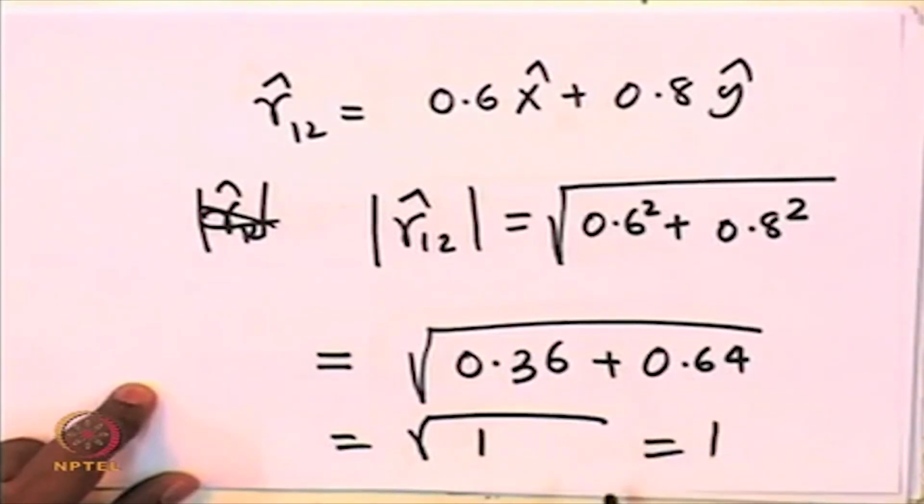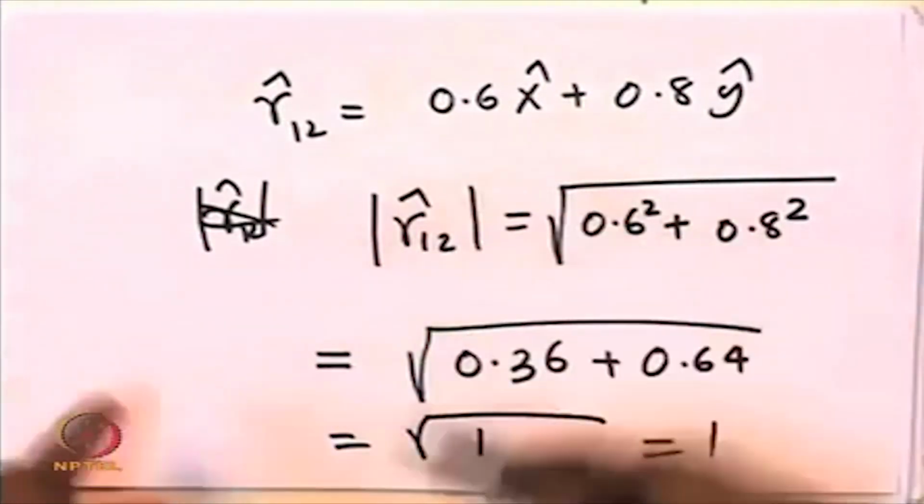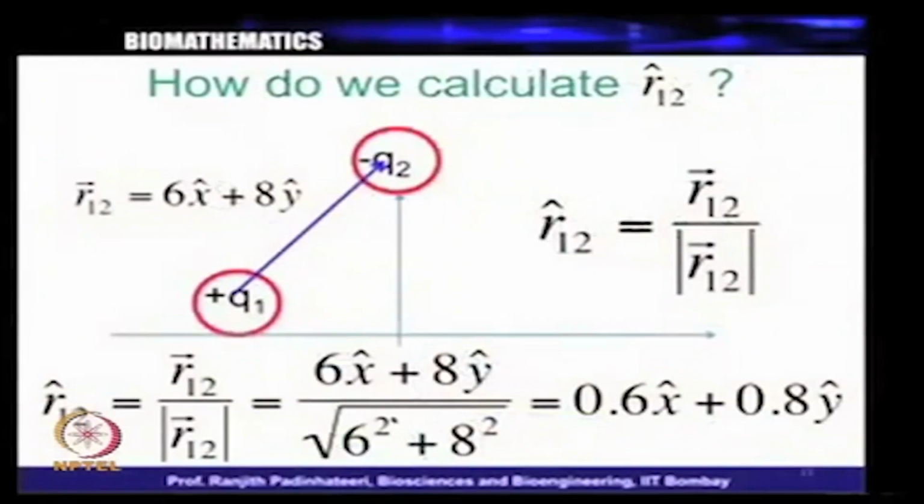So this is essentially 1, and we got mod r12 cap is 1. Again, r12 cap is a unit vector which represents the direction, 0.6 x plus 0.8 y.